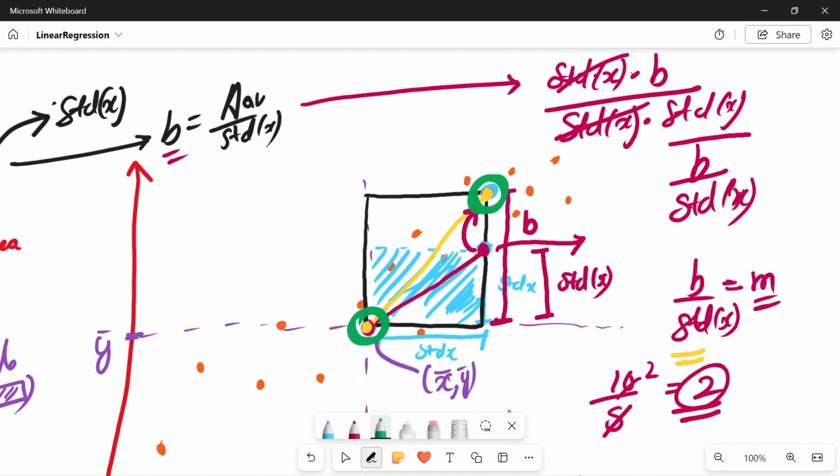Okay, so what the best fit line does is it actually tries to cover the variance of the majority of the points. And who better than the average point to take help from, right? Who better than the average itself to take help for this purpose? These 2 points are the ones, and this is the line. This is the line of our best fit.